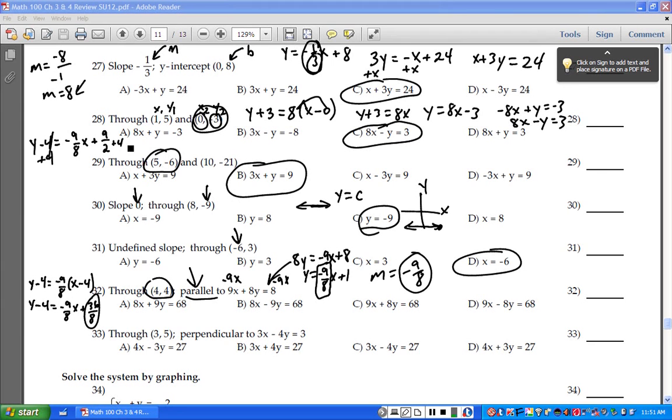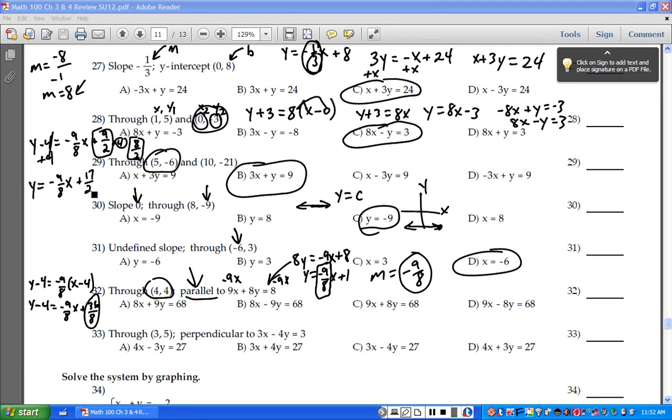This 4 has turned into a fraction with a 2 in the bottom. So 4 is the same as saying 8 over 2. So I have a 9 over 2 combined with an 8 over 2. And that gives me 17 over 2. So y equals -9 over 8 x plus 17 over 2.